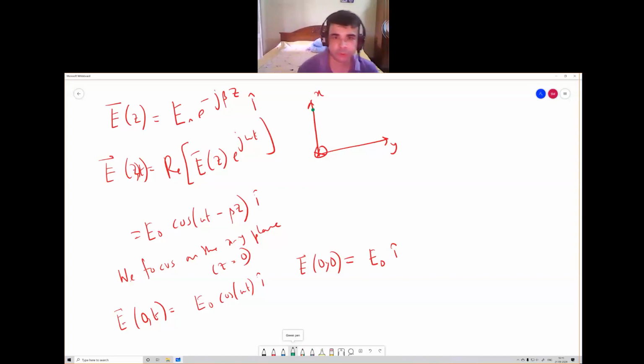If we assume it to be E naught here, that will be somewhere on the x-axis. Note that we have taken the x-axis in a slightly unconventional way. Usually the x-axis is horizontal, but we have taken it forward. So if you plot E of 0, 0, it will be a dot somewhere there on the x-axis. Agreed? Yes, sir.